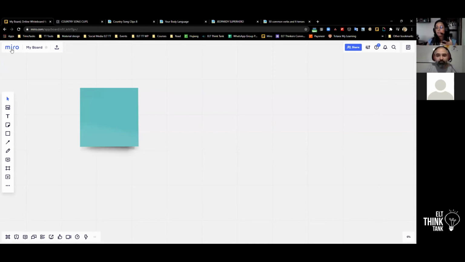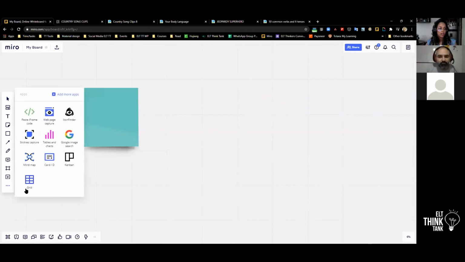You can get other people to come on the board so they can write and do other things with you, like collaborate. It also has a lot of ready-made charts, grids, and templates that you can use. So if you want to do something really easy, you can just use one of the ready-made templates and then create your activity, which I think is really easy to use. So I'm going to be using that one for today.